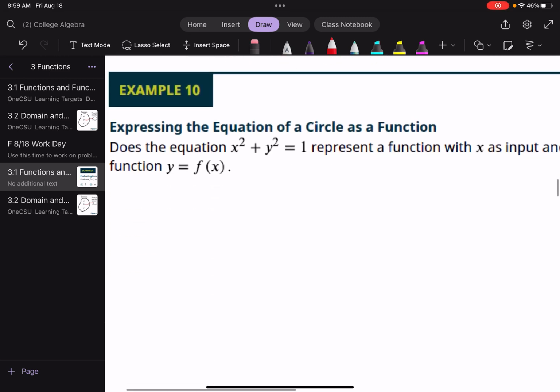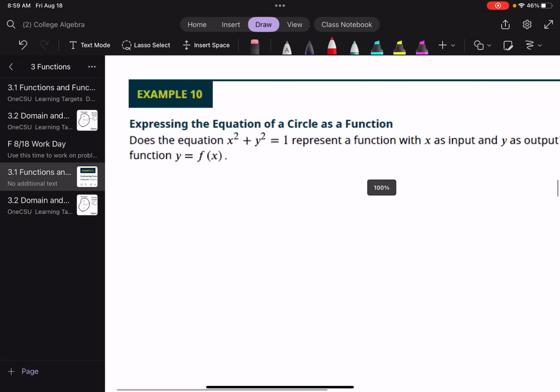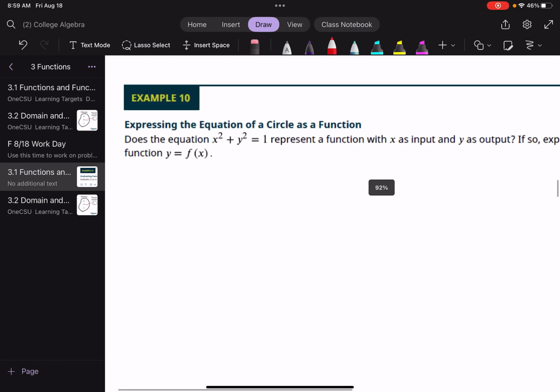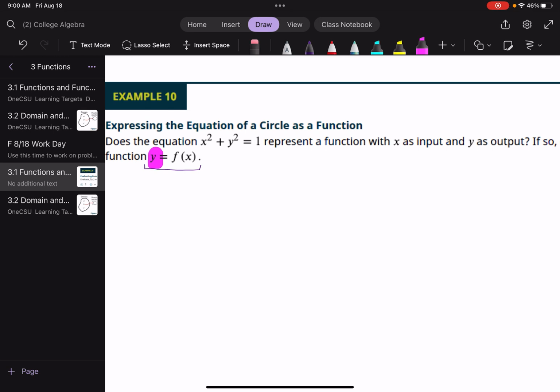Okay. Expressing the equation of a circle as a function. So this is like some of your homework problems where something isn't a function when we express it in terms of a function f of x that's written in terms of x. So here we need to solve for y. So let's do that. So we're going to subtract x squared from both sides.